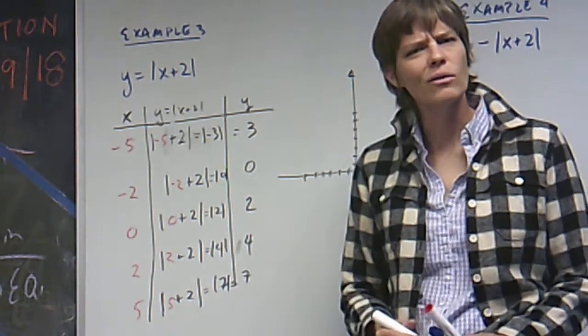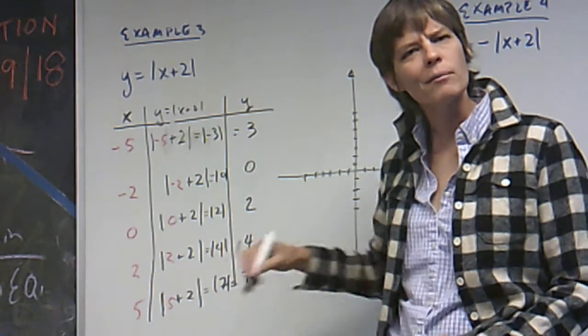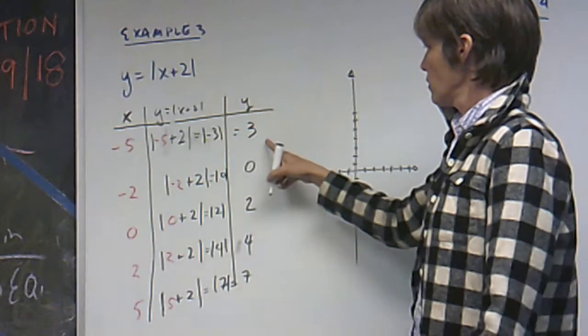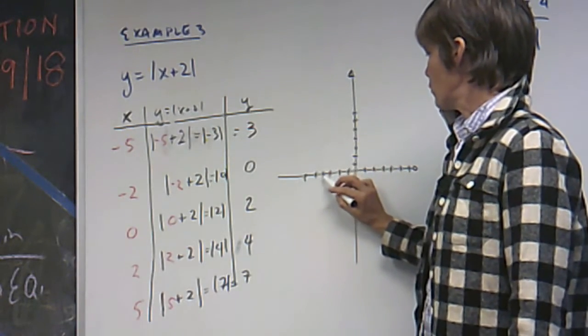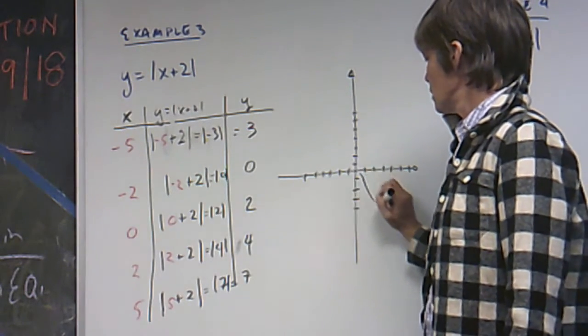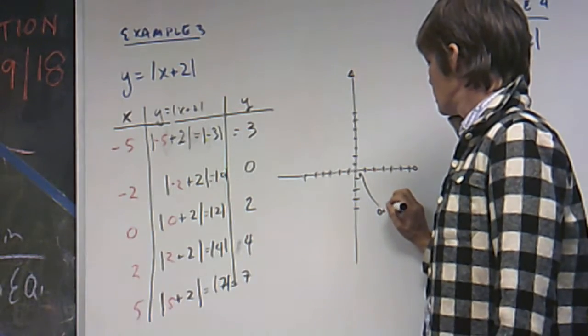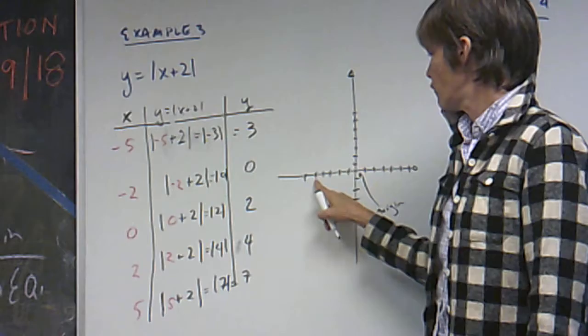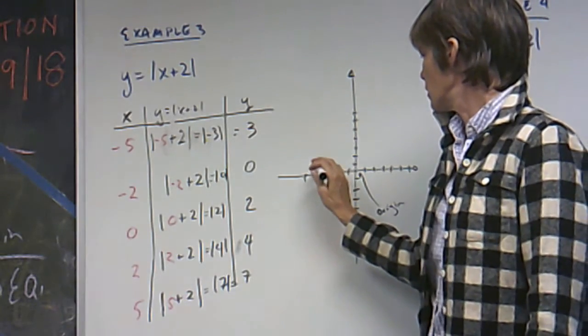Well, I don't think I go in the bottom half at all, do I? Let's plot my points. -5, 3. 1, 2, 3, 4, 5. Remember, I'm starting at the origin. Always. 1, 2, 3, 4, 5, and up 3. 1, 2, 3.